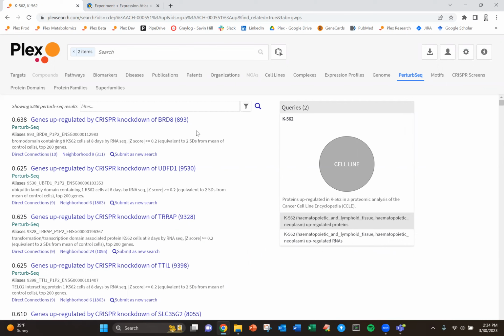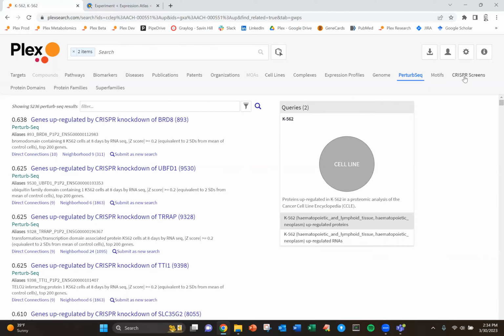And in this case, they're most similar to a BRD8 knockdown, which is kind of interesting because we just saw that BRD4, BRD9 knockdown gave you similar genes moving, although in the opposite direction. So you can make really interesting connections here about what genes might be driving the expression profile that we're seeing, in this case, in K562 cells. So those are the perturb-seq data. There's a lot of interesting things that can come out of that.